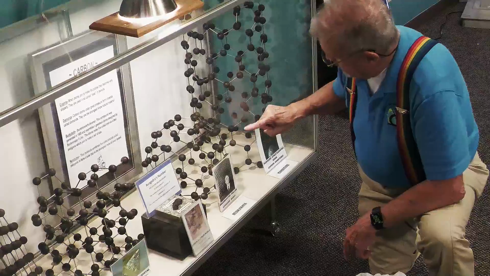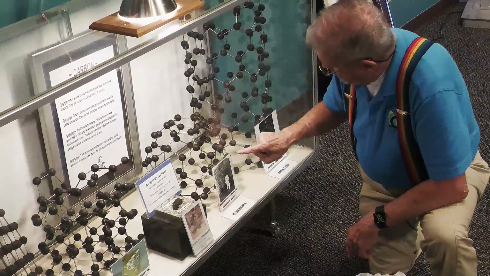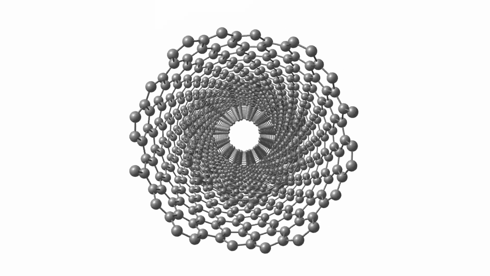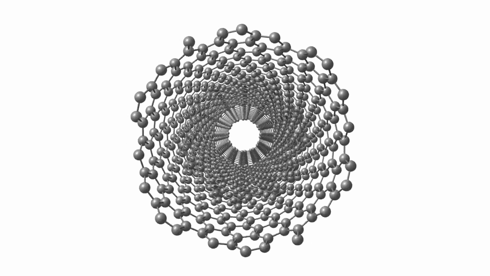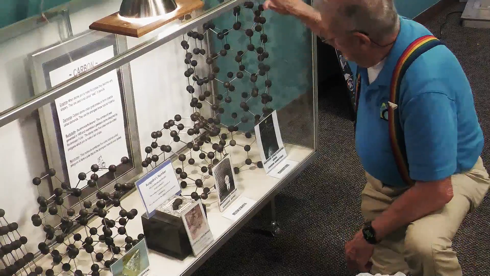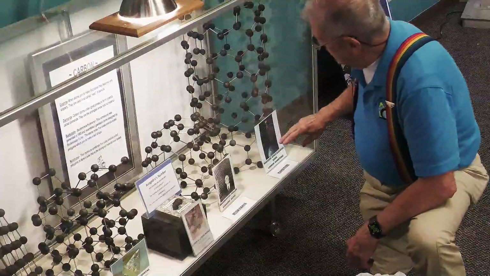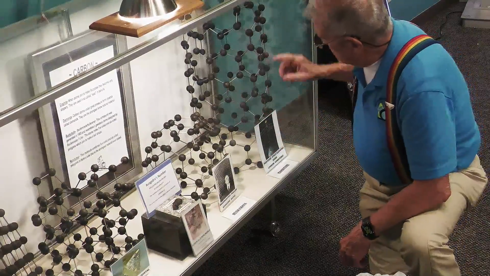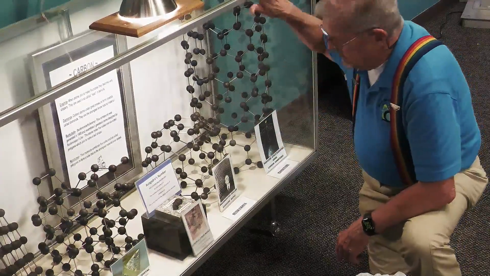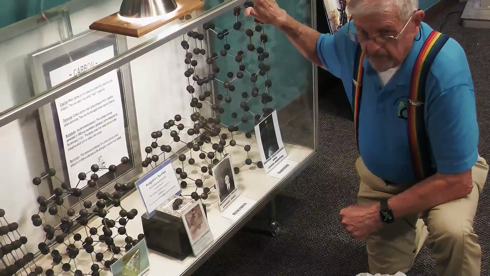Sorry, that's a hexagon joined to a pentagon. So it's circled by hexagons and pentagons all the way around. Wow. Now they discovered if you stretch them out, it makes a nanotube. And this, because of the way it's made, is the strongest known material ever made.